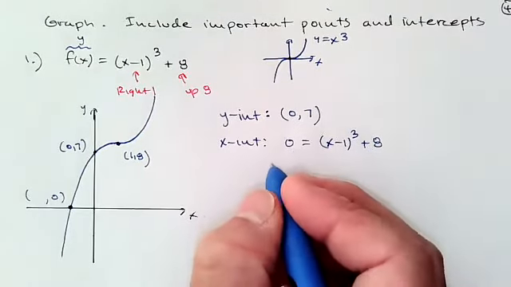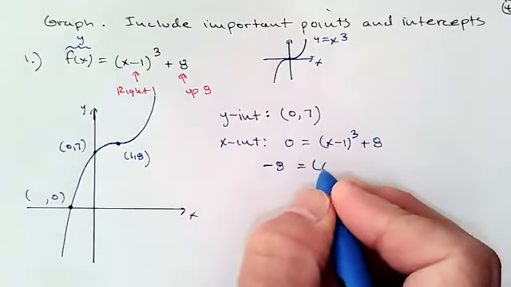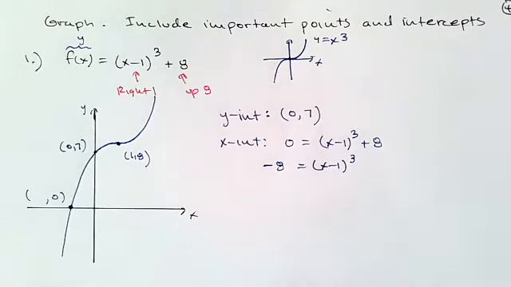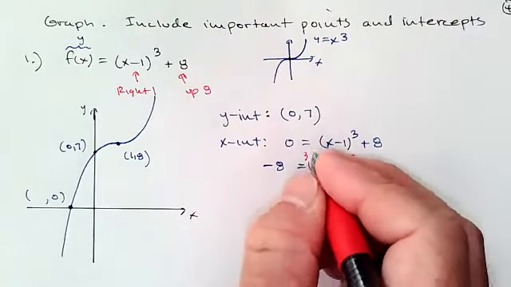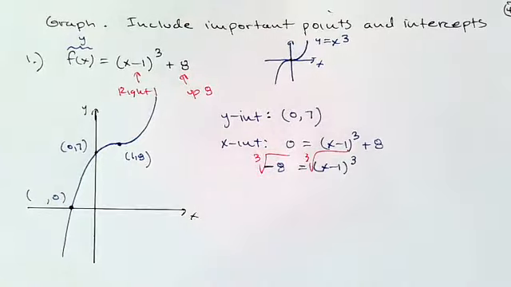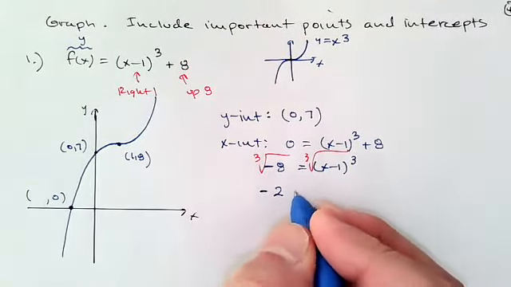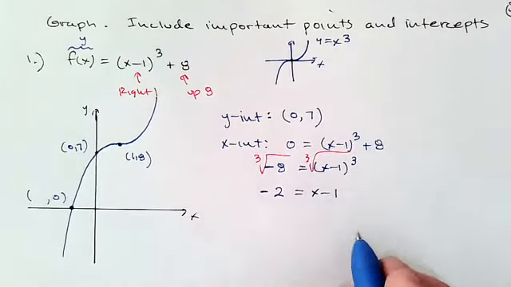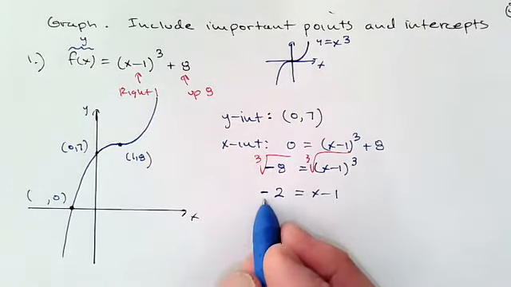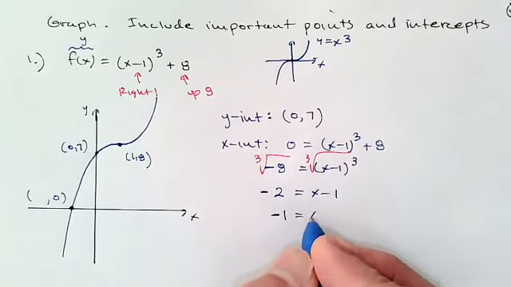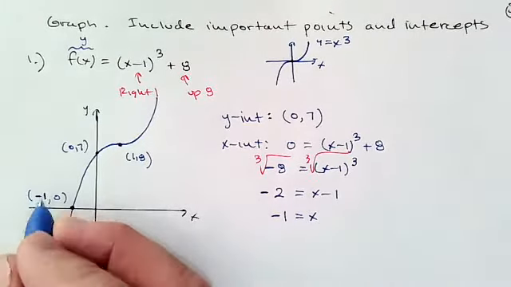To solve that, we can move this over. You can take the cube root of both sides, because remember the cube root of -8, a number times itself 3 times that gives you -8, would be -2. And that just becomes x minus 1. And if I add that over, I end up getting -1 for x.